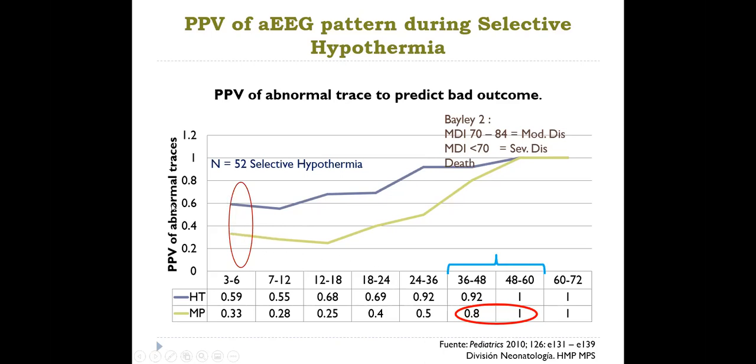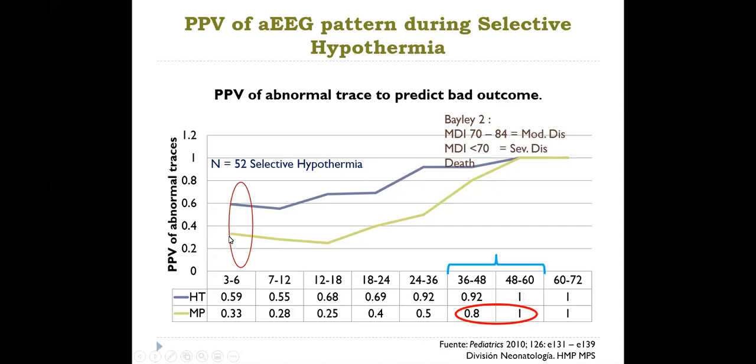Okay, in this you can see the positive predictive value of abnormal traces for a bad outcome. Okay, you can see in both research the positive predictive value when you start hypothermia is not consistent with the final outcome.